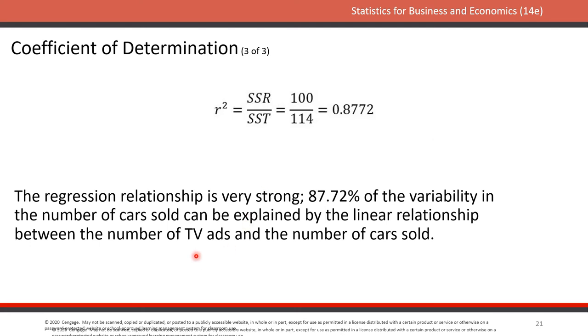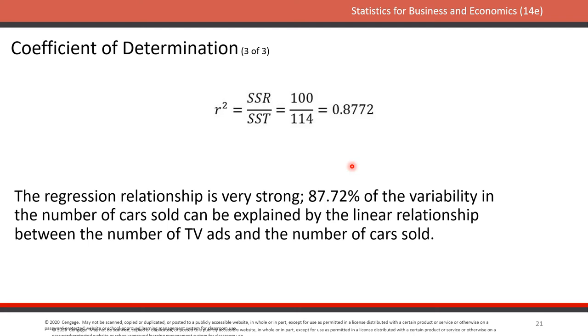This is pretty promising because what this means is that things like weather, things like what mood people were in, those are things we talked about previously. If this were the case and this were the model, those would play a lesser role in the number of cars sold than TV ads. How do I say that? Well, I can see that the maximum variability left for those things to account for is like 12 or 13% of variability.